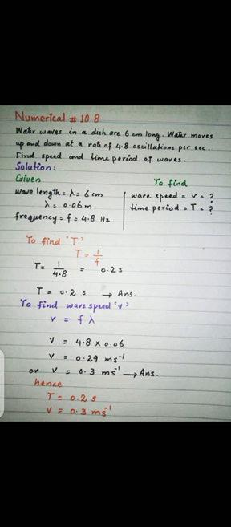So, V equals 0.29 meter per second, and when we round off this figure, we get V equals 0.3 meter per second. Hence, girls, time period of the water waves is 0.2 second and the wave speed is 0.3 meter per second.